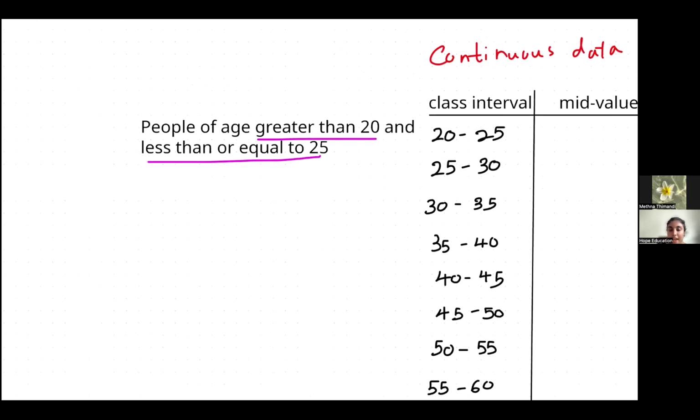Greater than 20 means we don't take 20. We take 20.5, 20.6, 20.7, 20.8, then 21, 22, 23, 24, up to 25.